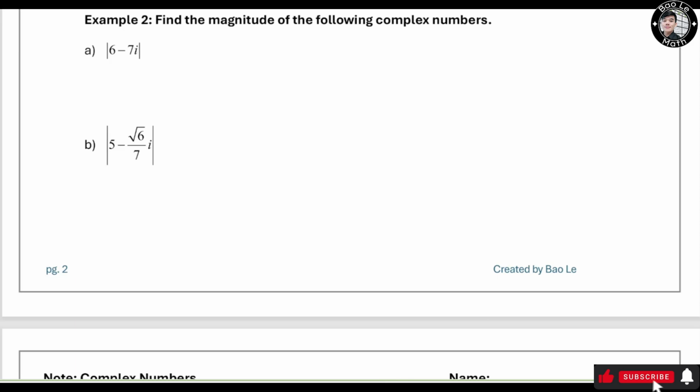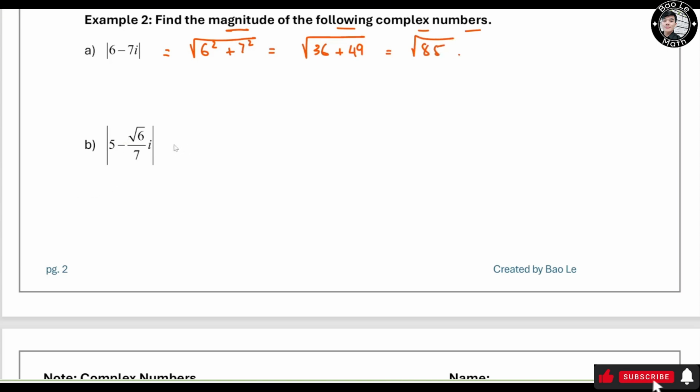Now let's move on to example number 2. We're going to find the magnitude of the following complex numbers, right? So it's going to be the square root of 6 squared plus 7 squared, right? So it's the square root of 36 plus 49. So it's the square root of 85, right?